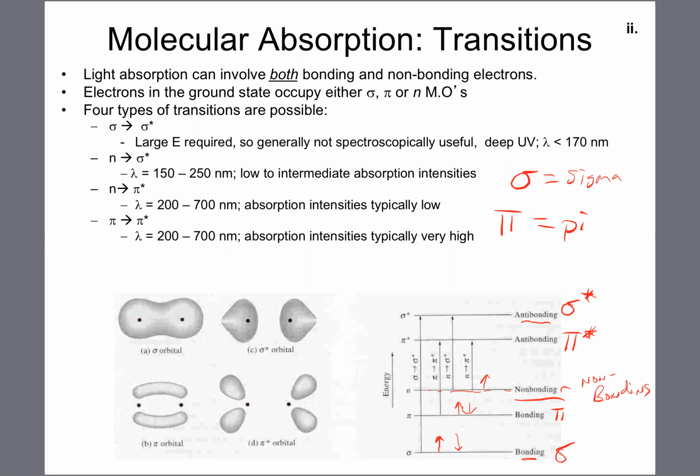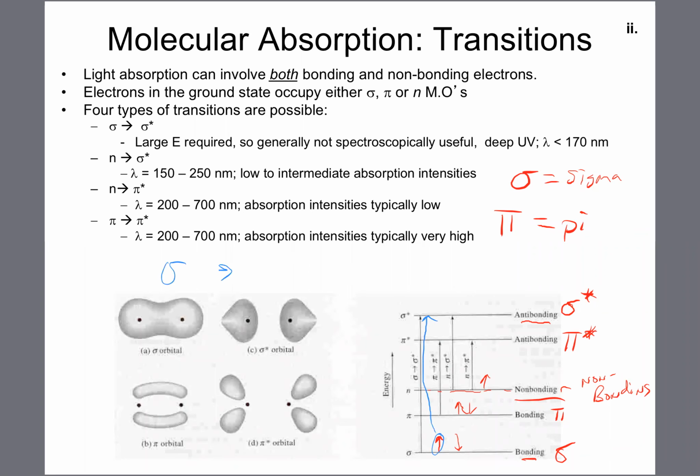So now the fun with the spectroscopy starts, because we can move these electrons around, perhaps. So let's just say we take a sigma electron, one of them here, and move it all the way up to sigma star. Sigma to sigma star transition, right?